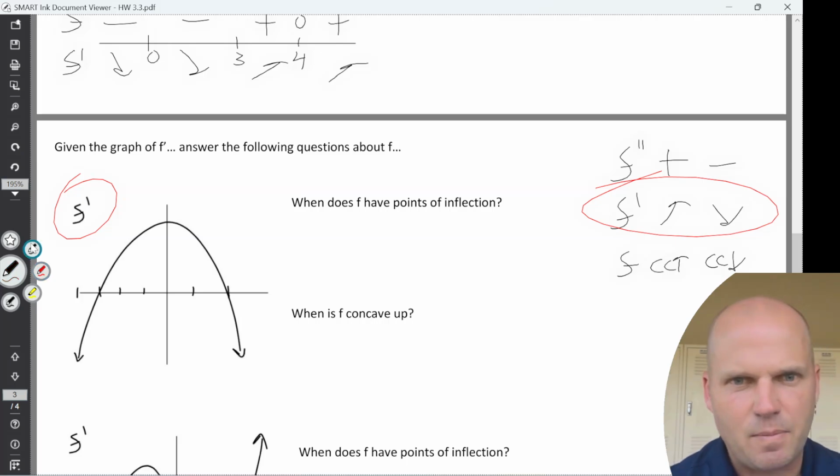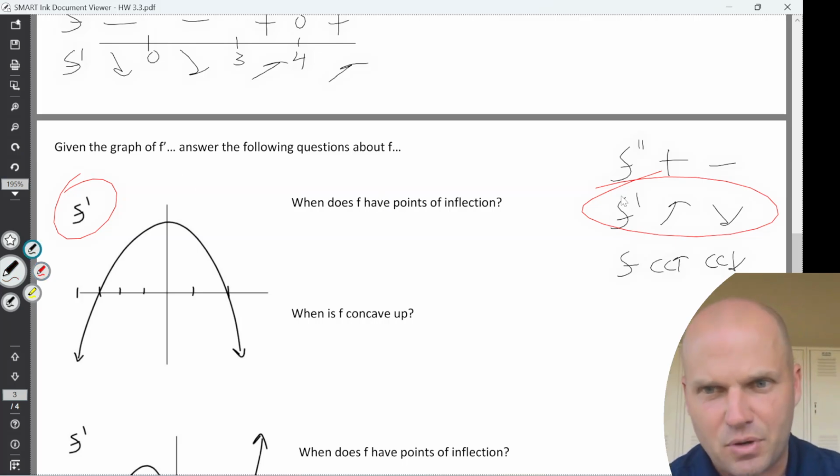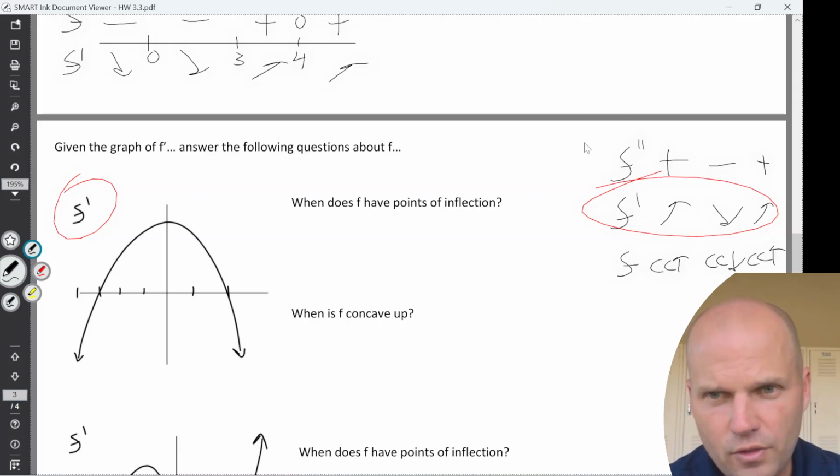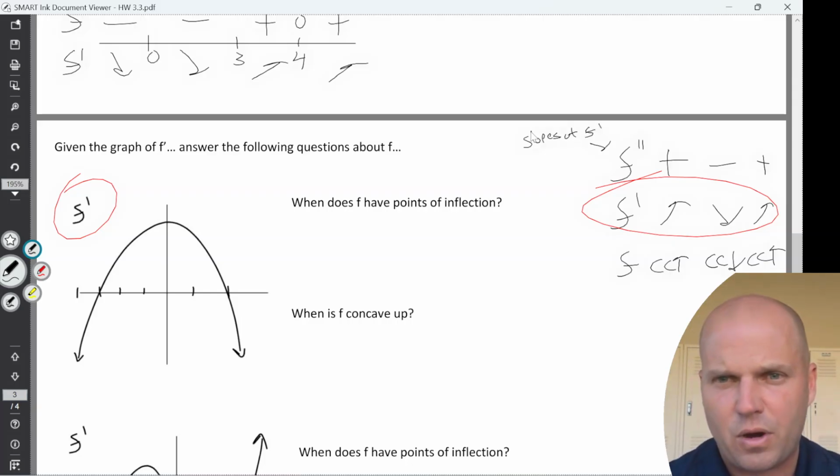So when does f have a point of inflection? That's when f prime will change from increasing to decreasing, or vice versa. It'll change directions. Or you know that f double prime is also the slopes of f prime.